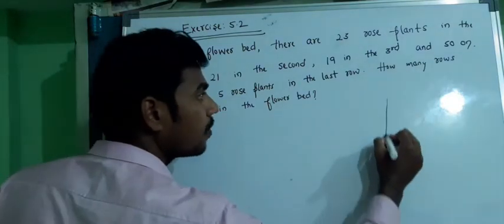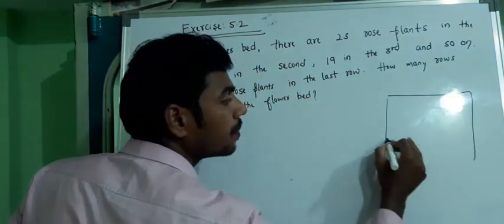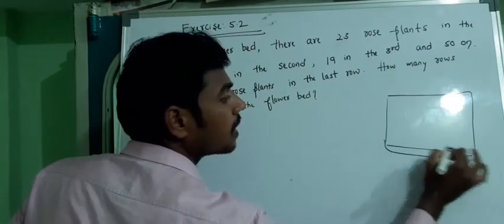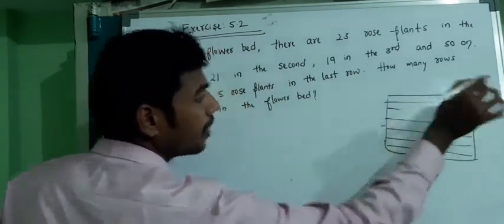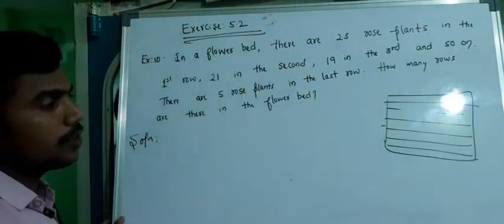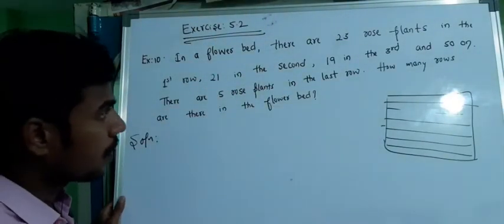Suppose this is a flower bed. Okay, so these are the rows. For every row they have given a number, until the last row. So what are those numbers?